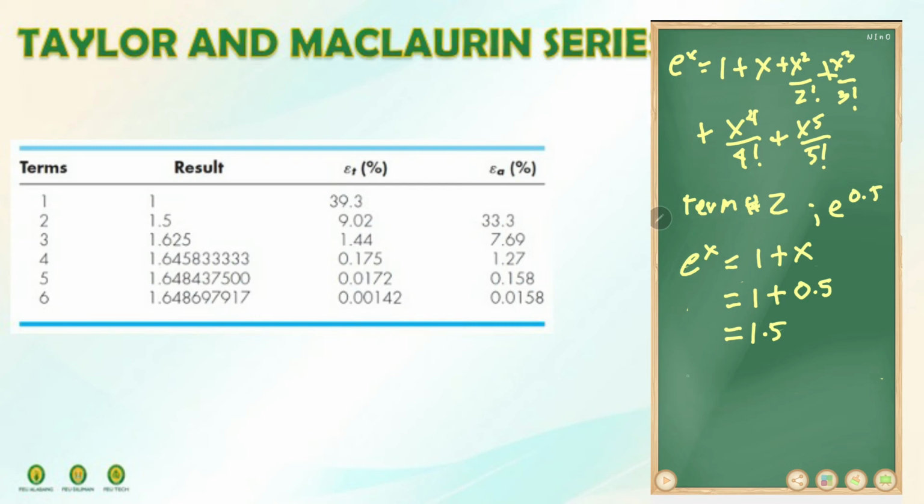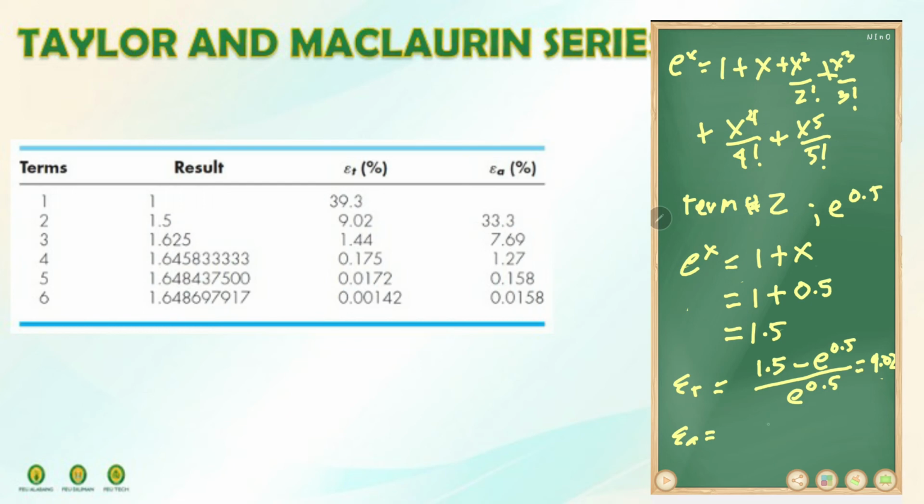So for the epsilon of t, we have 1.5 minus e raised to 0.5 all over e raised to 0.5. Of course, using your calculator, the absolute value result is equal to 9.02.